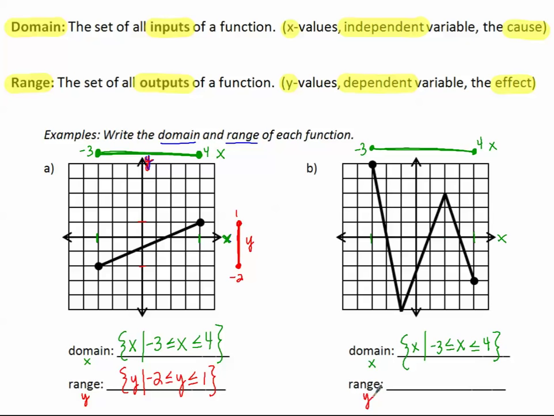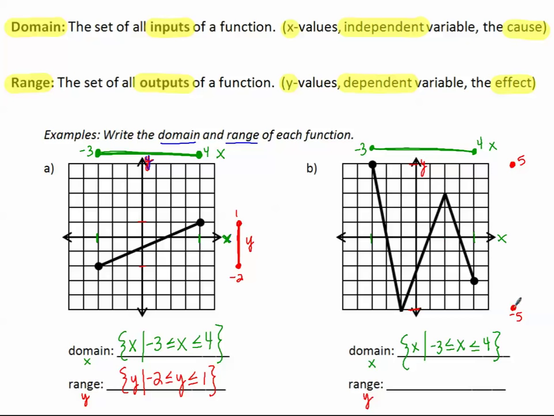Now let's look at the range. The range is the y values. Y is the vertical axis going up and down. So I look at how far down the graph goes. It goes as low as 1, 2, 3, 4, 5. That's at -5. How far high does the graph go? 1, 2, 3, 4, 5. It goes all the way up here to +5.